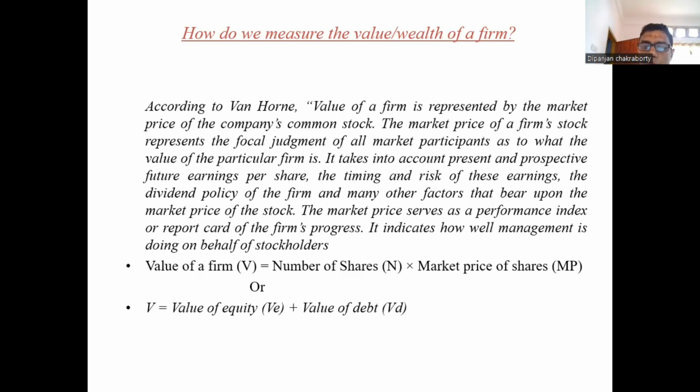When a firm maximizes the wealth of shareholders, it takes into account future earnings per share, timing of these earnings, the dividend policy and other factors also. So the value of equity plus value of debt is equal to the value of the firm.